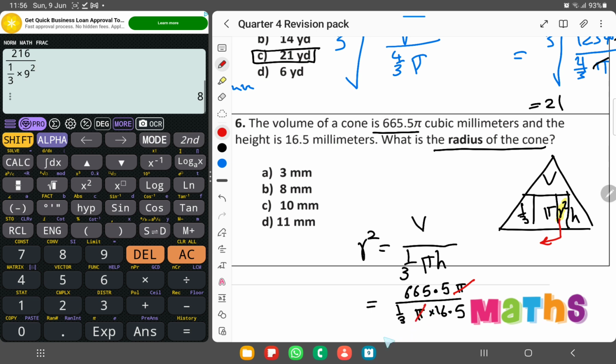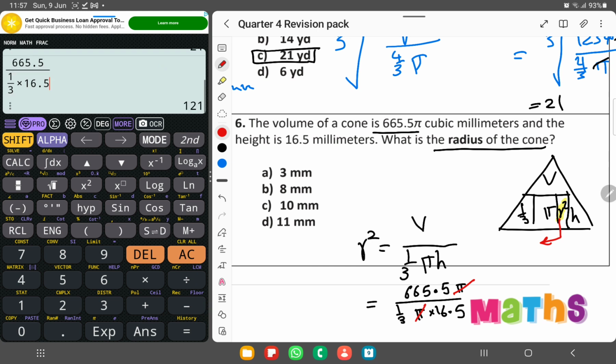The pi's will cross together. 665.5 over 1 over 3 times 16.5. So let's do it together. 665.5 over 1 over 3 times 16.5.